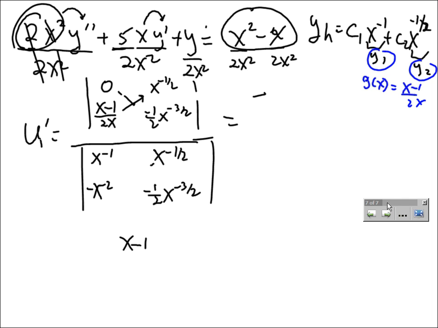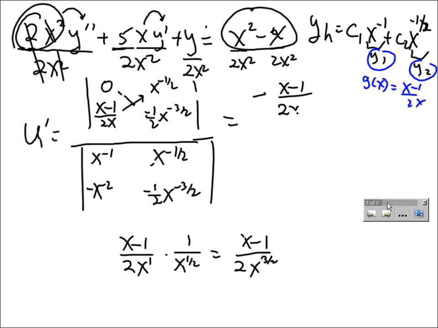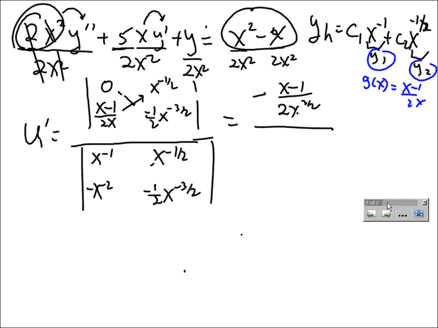You have x minus 1 over 2x times x to the negative a half, which is the same as 1 over x to the half. So I add the 1 and the half, and I get 3 halves. So it's negative x minus 1 over 2x to the 3 halves, divided by a couple of products.